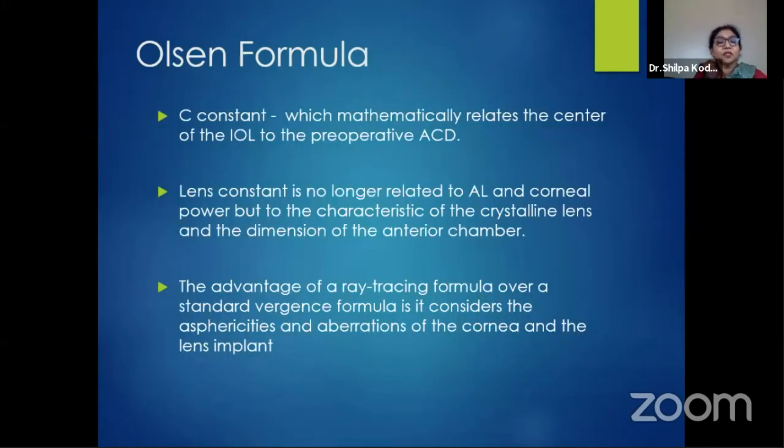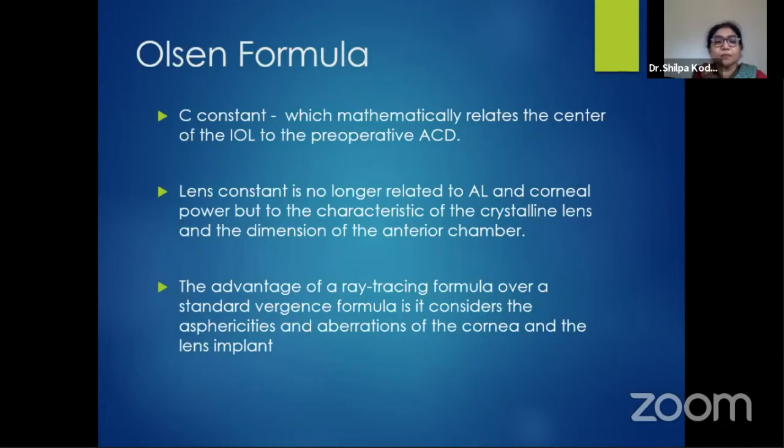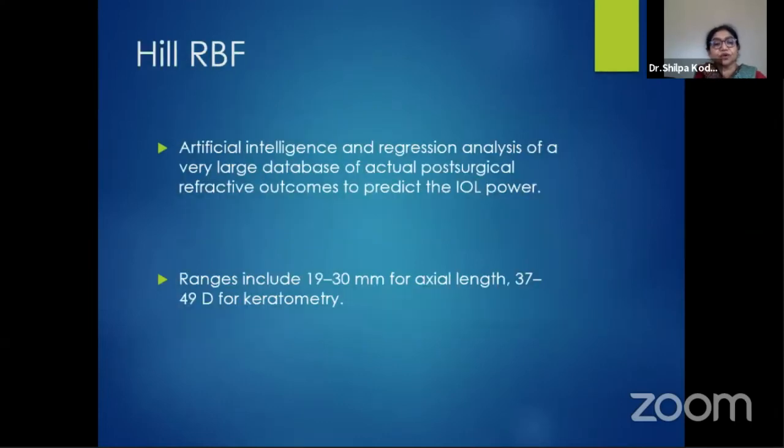Now, the Olsen formula has the C constant, which mathematically relates the center of the IOL to the preoperative ACD. The lens constant does not take care of the eggshell length and corneal power, but instead the lens thickness and the dimension of the anterior chamber. And the ray tracing formula is advantageous because it considers the asphericities and other aberrations of the cornea.